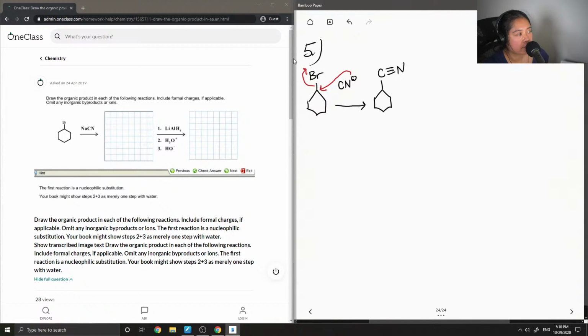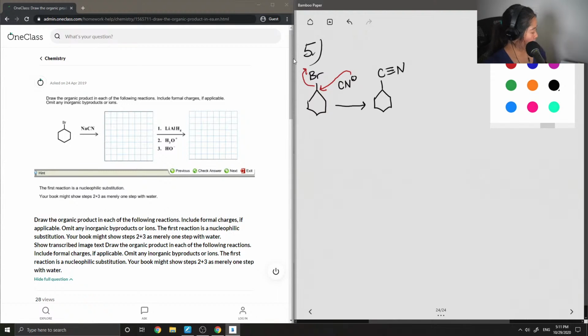Okay, so after it reacts with the sodium cyanide, then the lithium aluminum hydride comes in, and basically this is a very good reducing agent. Let me draw it in blue.